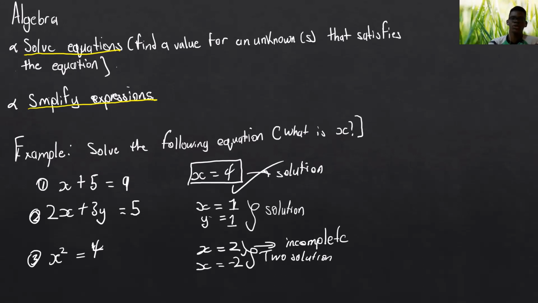When you move on to university level, you will be solving 2, 3, 4 equations simultaneously. Sometimes it's not just one equation you're solving, but multiple at the same time.